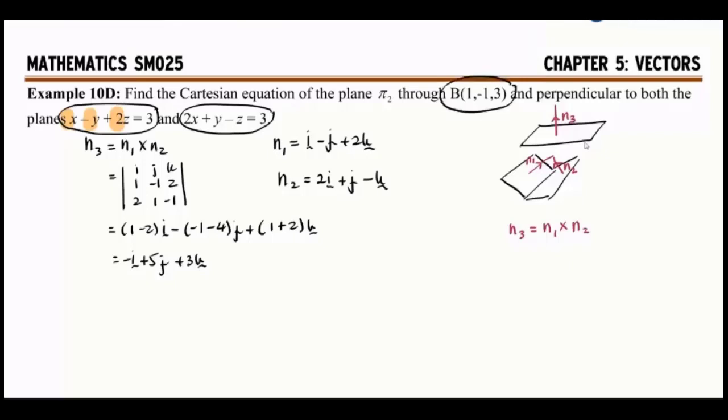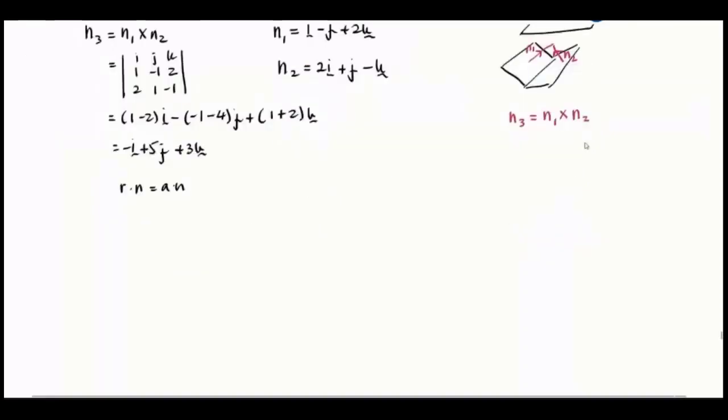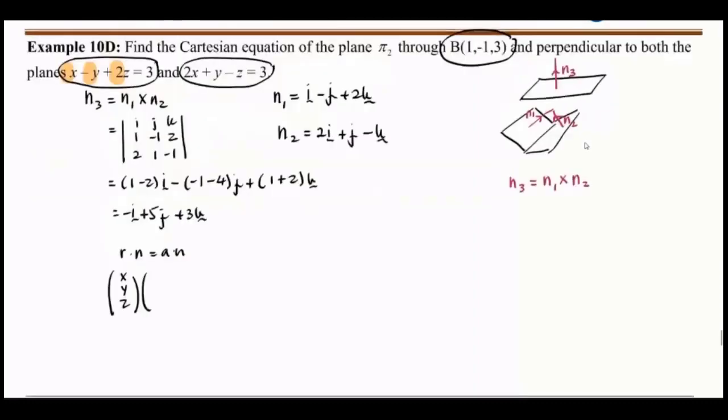So N is there, and the fixed point is also given. So directly we can have r dot n equal to a dot n. Since r is (x, y, z), our normal is (-1, 5, 3), and A is (1, -1, 3). On the left side, we get negative x plus 5y plus 3z.